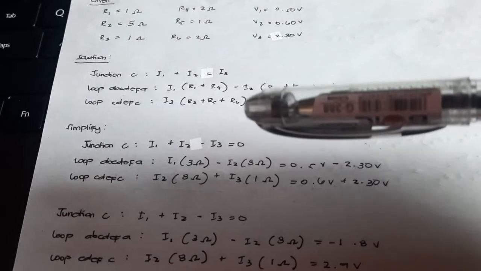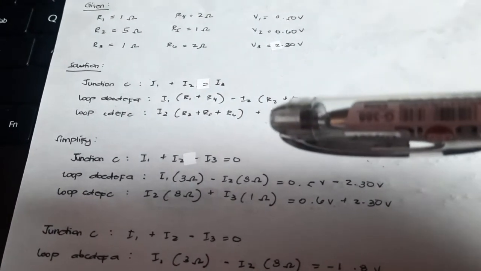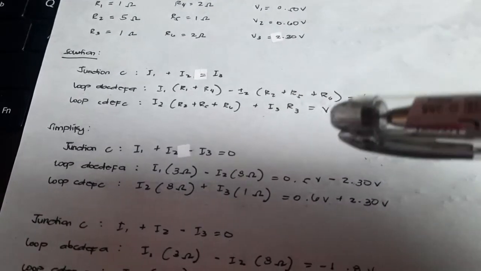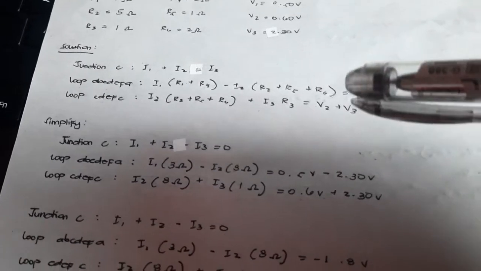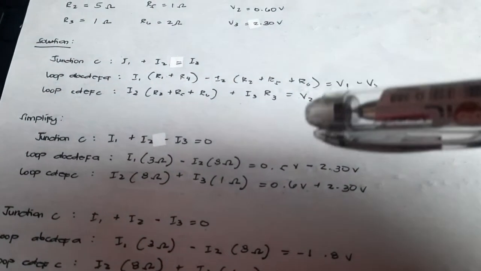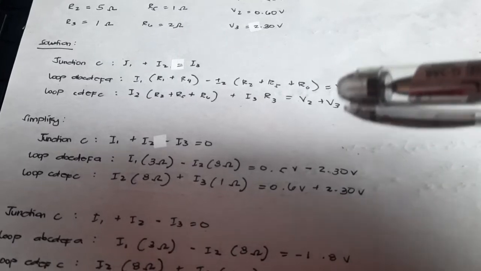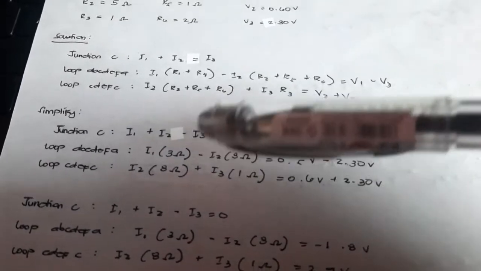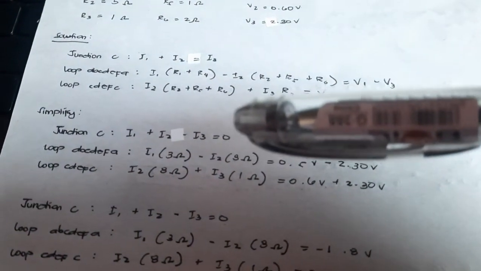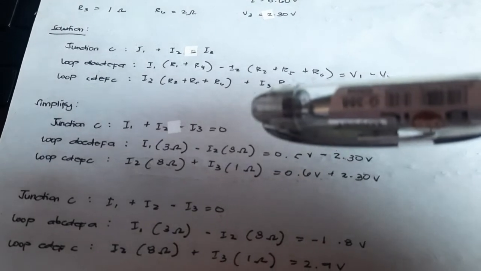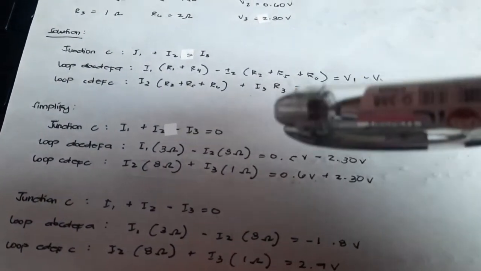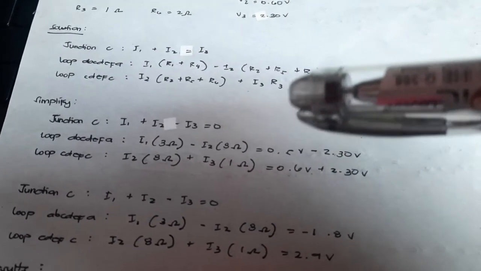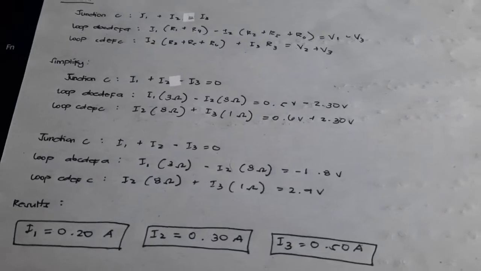Then the loop A, B, C, D, E, F, A: I sub 1 times the quantity R1 plus R4, minus I sub 2 times the quantity R2 plus R5 plus R6, equals V1 minus V3. And the loop C, D, E, F, C: I sub 2 times the quantity R2 plus R5 plus R6 plus I sub 3 R3 equals V2 plus V3.